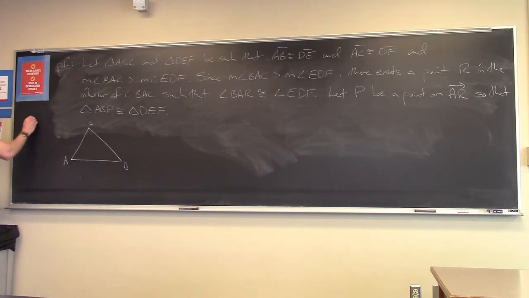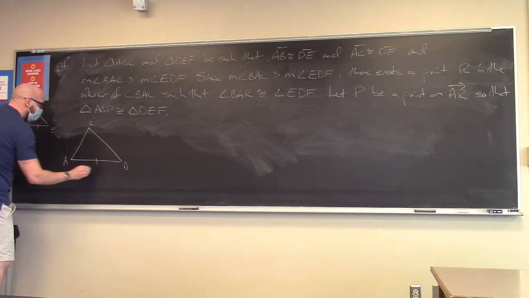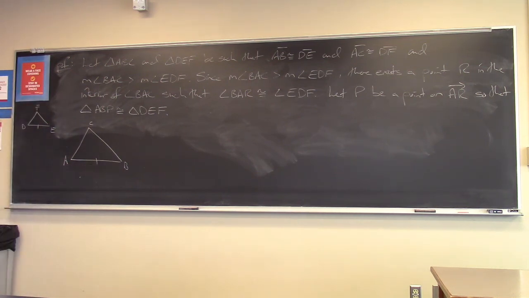Okay, so maybe I'm never going to work with this triangle DEF again, but let's just throw it up here so we can indicate what things are congruent. We have these two triangles, right? We started off with these two triangles and we said, okay, AB is congruent to DE, AC is congruent to DF, and the measure of angle BAC, this angle right here, is bigger than this one.